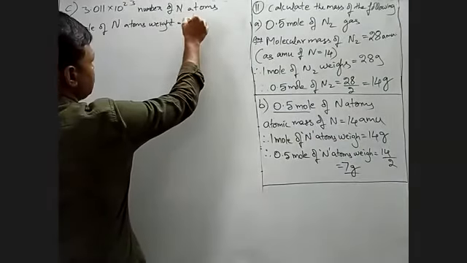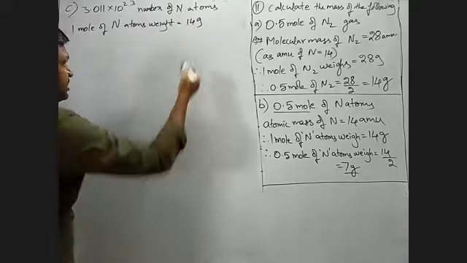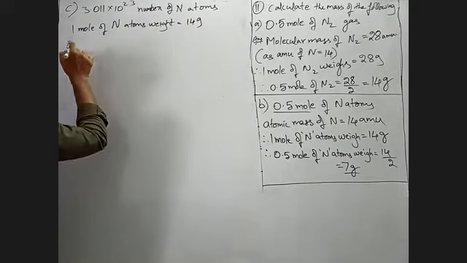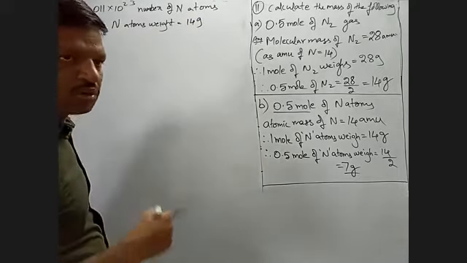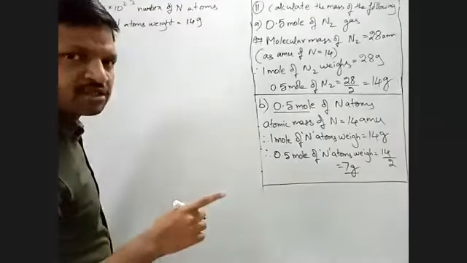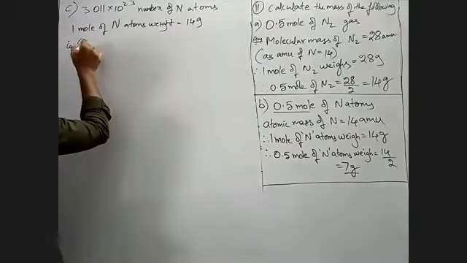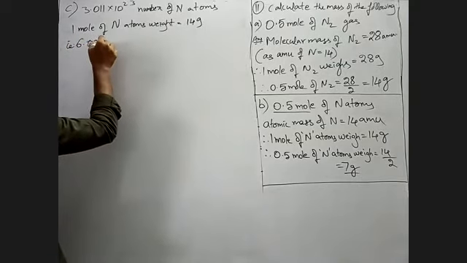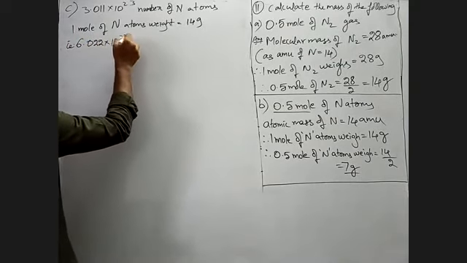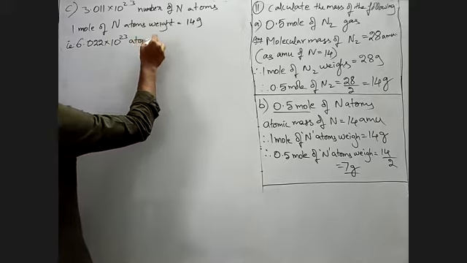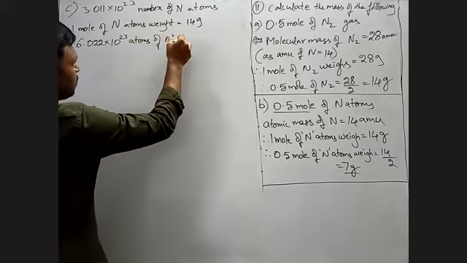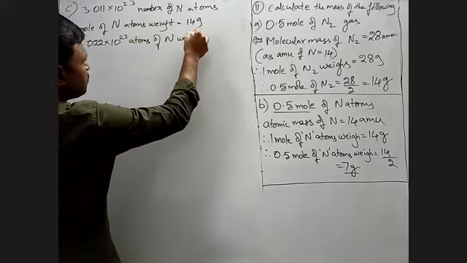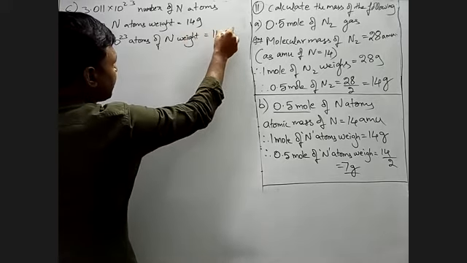Which means 1 mole means how many atoms will be there? 1 mole of any substance means 6.022 into 10 power 23 atoms of nitrogen, weight equal to 14 gram.